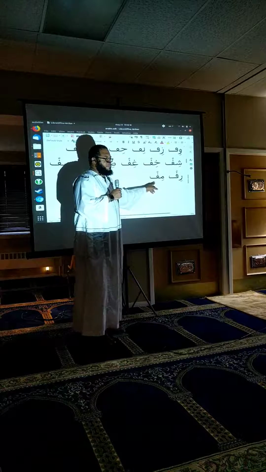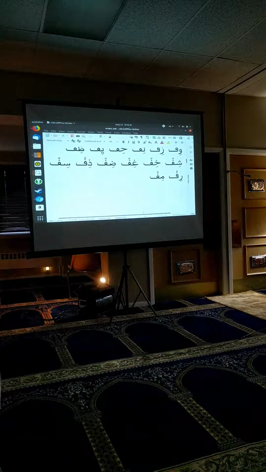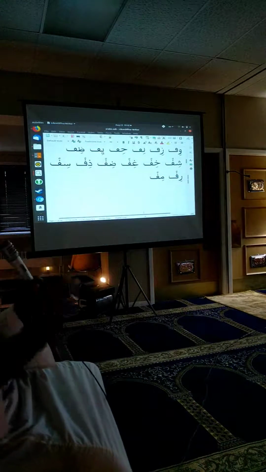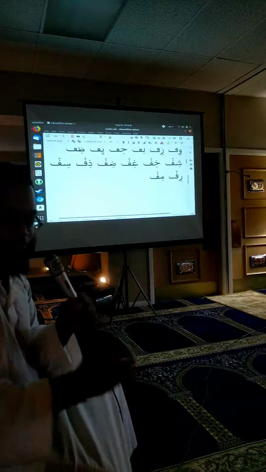Okay, so with that, those were our exercises for the sukoon, and I think by now we should have a clear understanding of what part the sukoon plays in an Arabic word.